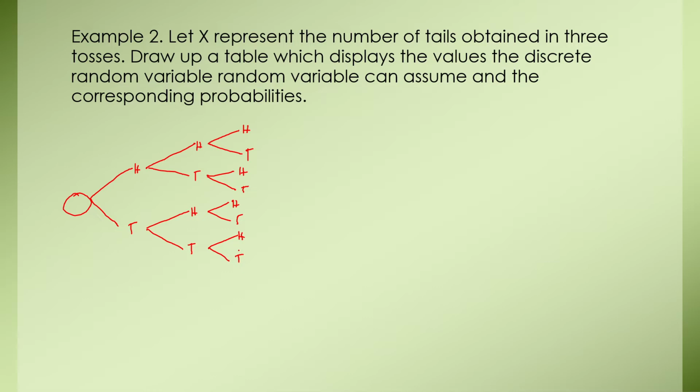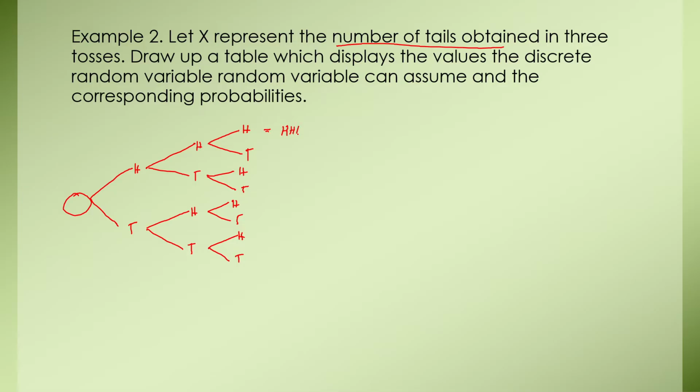So the question here is, let x represent the number of tails obtained in three tosses. We need to draw up a table. First we have to identify the outcomes in three tosses.